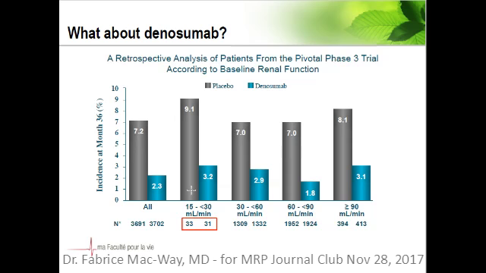If you're between 30 and 60 and you don't have mineral abnormalities, you have normal calcium, phosphate, PTH, and no vitamin D deficiency, I think it's okay to give bisphosphonate and denosumab in these patients.